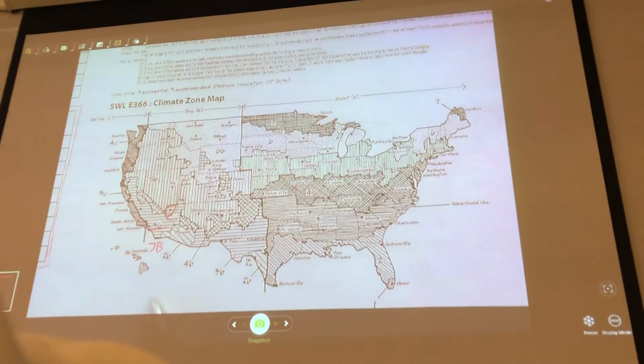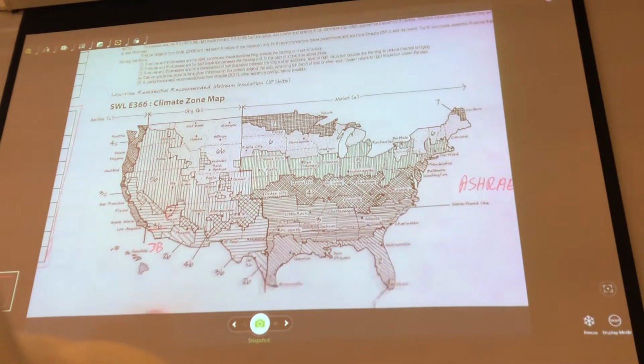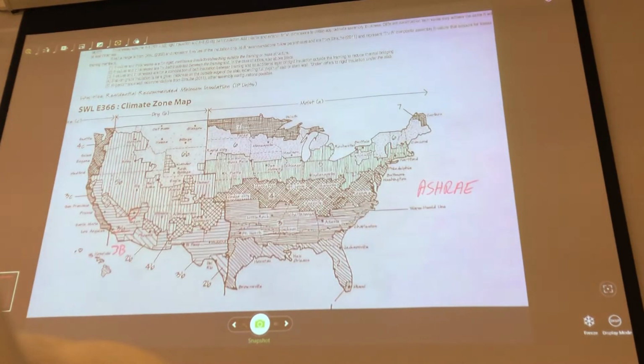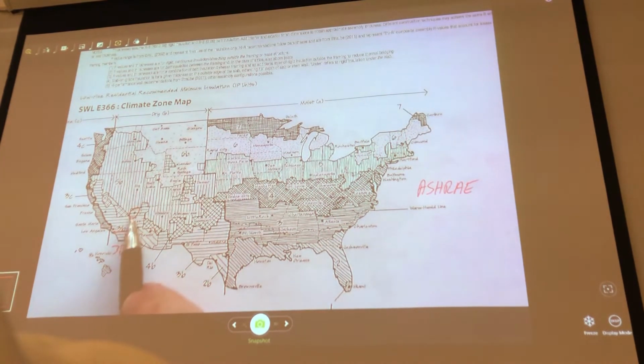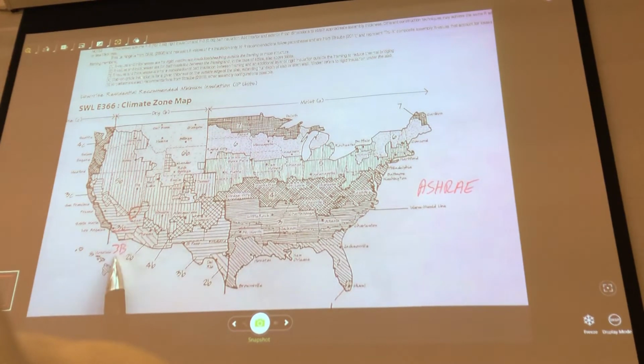This right here is the ASHRAE climate zones. And this is the particular map. If you're actually doing any sort of LEED projects, these are the climate zones that LEED follows. They just follow the ASHRAE standard. If you look, we're designing for Las Vegas, which is a 3B climate.